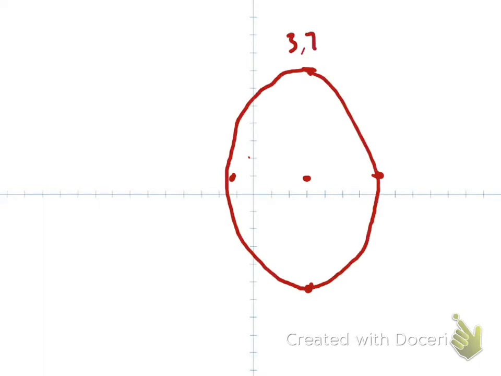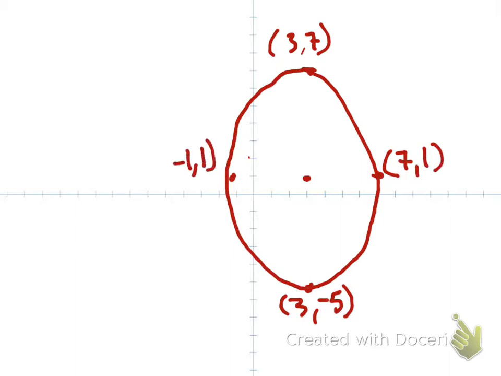Those points are 3, 7; 3, negative 5; 7, 1; and negative 1, 1. So these become my vertices. In actuality, we could say the top two, the north and south ones, are your vertices, and the east and west ones would be your co-vertices. In this case, if you just at least got these points, I'd be happy with that.